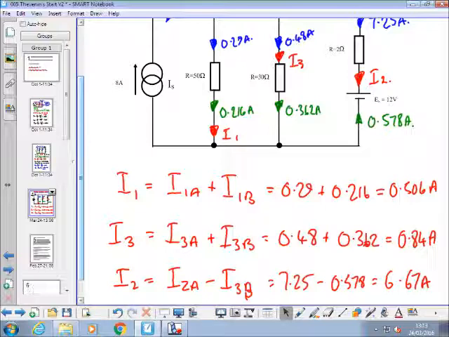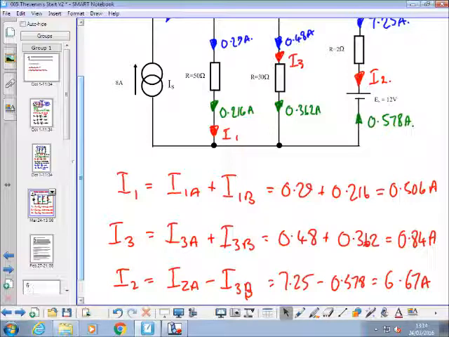If you run out of space, you could do the total, what we've done here, on the opposite page, so you could put the two calculations on opposite pages. Alright? So that's the theorem of superposition, where you analyse what it does for each source separately and add those effects together.